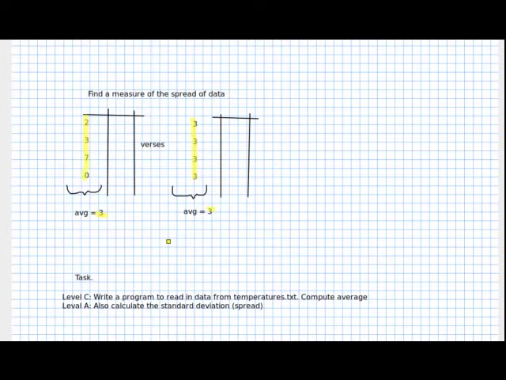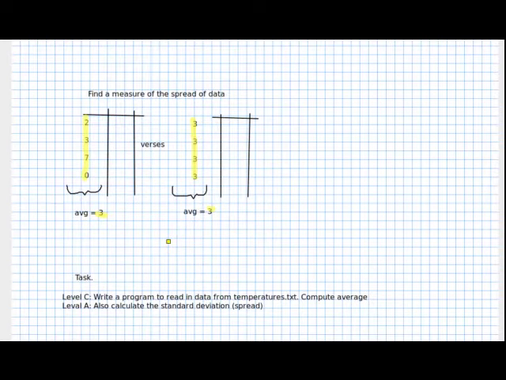But clearly these are different. There's something different about these sets of data. They both have the same average, but the data set on the left has a lot more spread to it. The data on the right seems to be pretty consistently 3, and the data on the left is sometimes too big, sometimes too small.